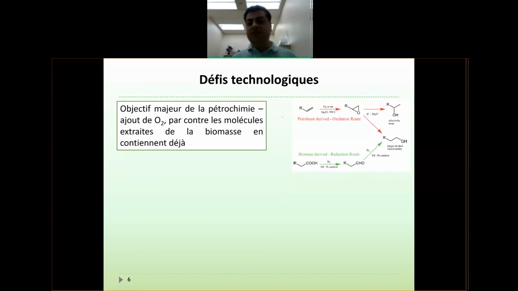It is a challenge. As shown here, if you want to oxygenate, let's say, an aliphatic molecule, you have to use a catalyst, you have to go to high temperature to make it oxygenated. But biomass already has oxygen, so that can be an advantage.